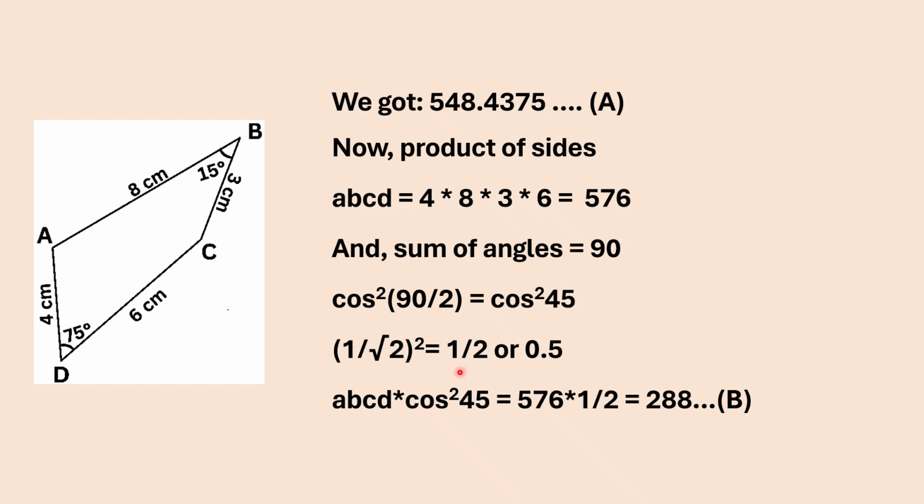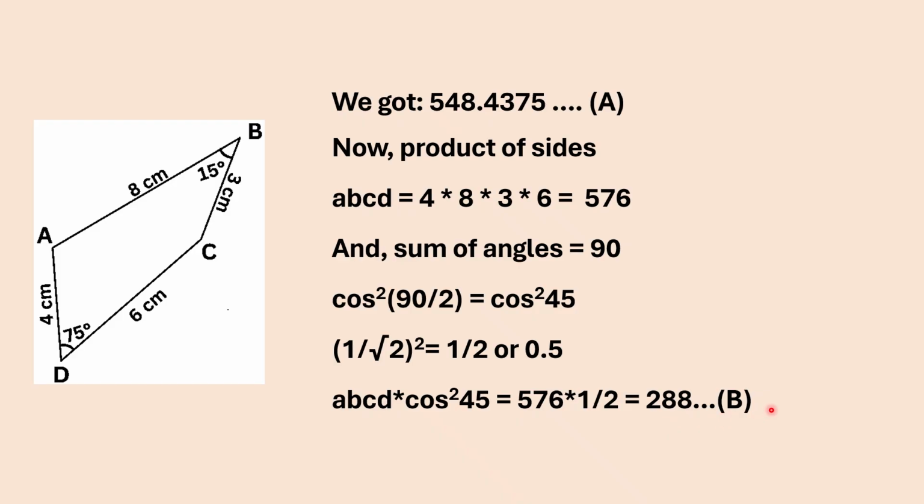So ABCD into cos square 45, with ABCD being 576 and cos square 45 being 1 by 2, is 576 into half, that is 288.